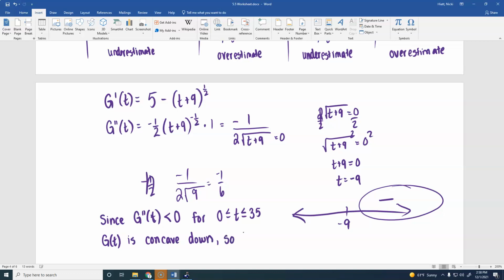So the estimate is, and here's where I always have to draw myself a little picture. If I've got concave down, doesn't matter whether it's increasing or decreasing, tangent lines are going to be above. So it's an overestimate.